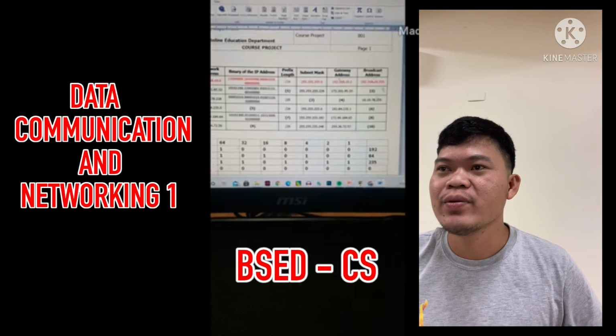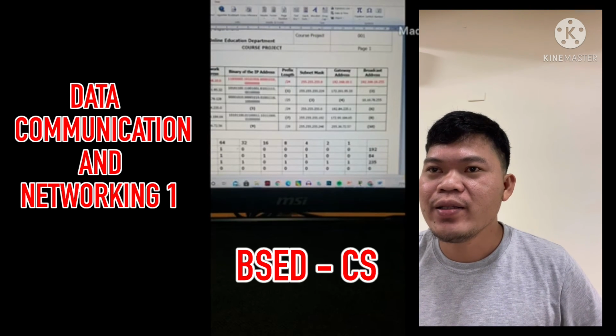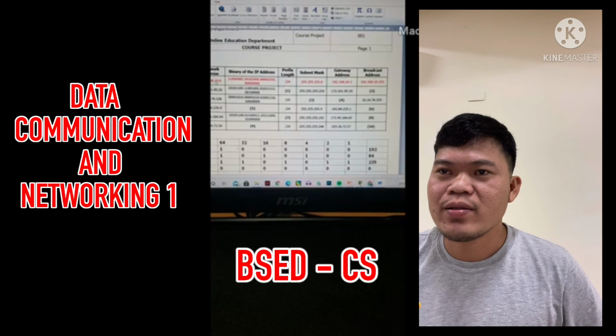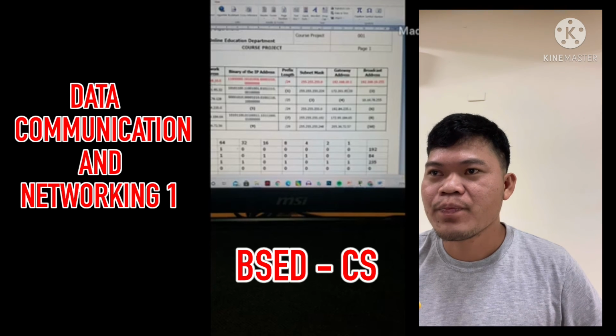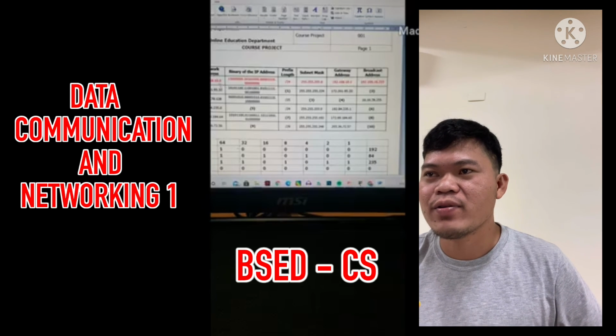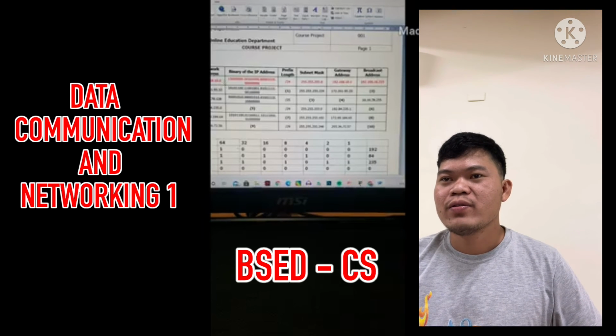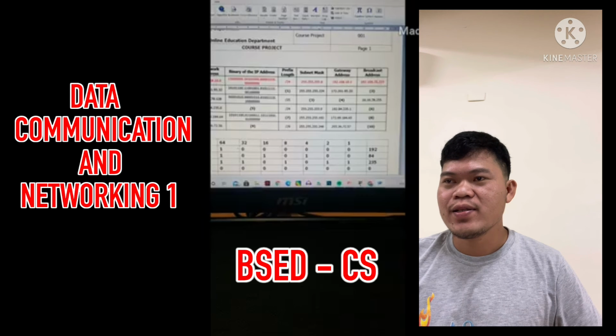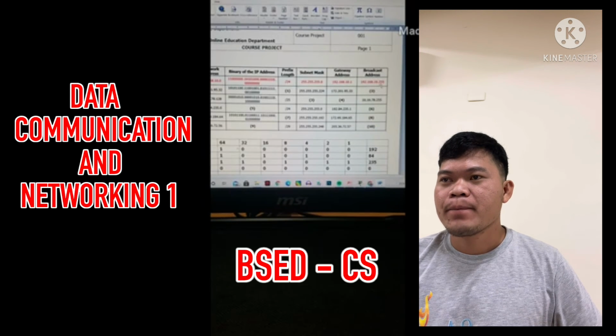For the number 2, as you can see, 192.168.10.0. The last digit, or the host function of the network address, is this 255.